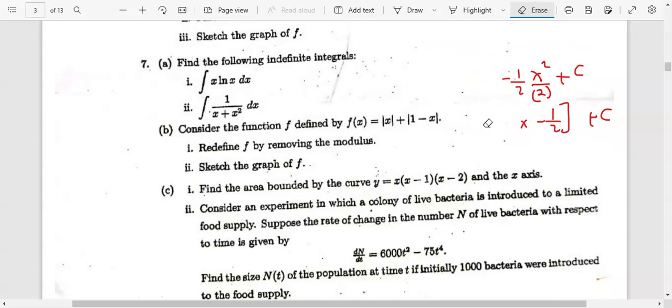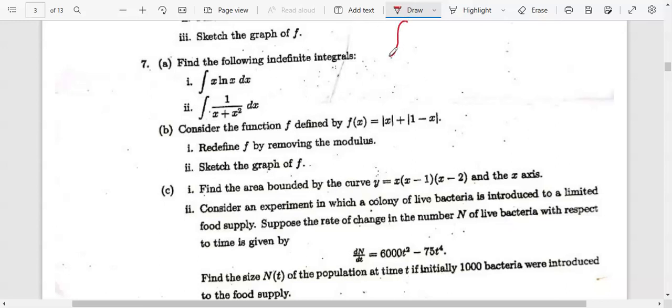The next one. Find the integral of 1 over x plus x squared. So directly looking at this one, you can't integrate it. You first need to make it a partial fraction.